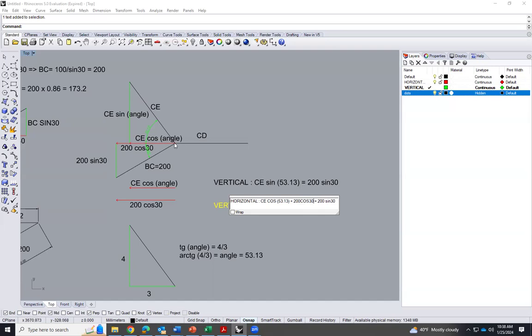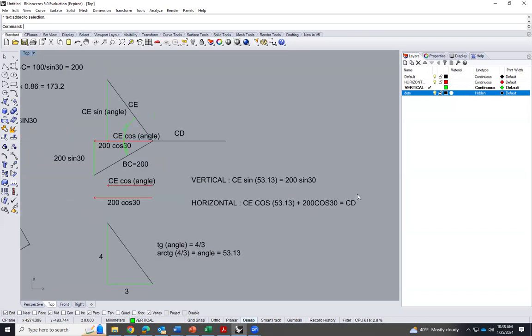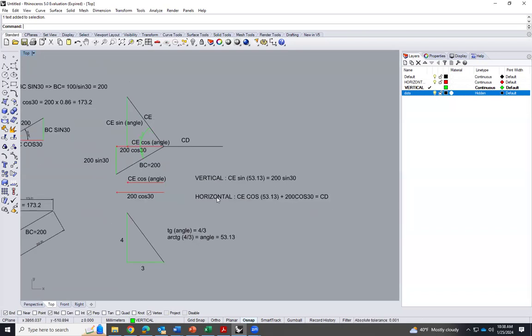And that equals the only thing that is going rightwards, and it's CD. That's the other unknown that we have here, the CD. So those are the vertical and horizontal equilibrium equations.